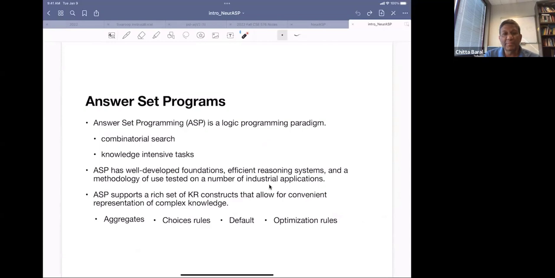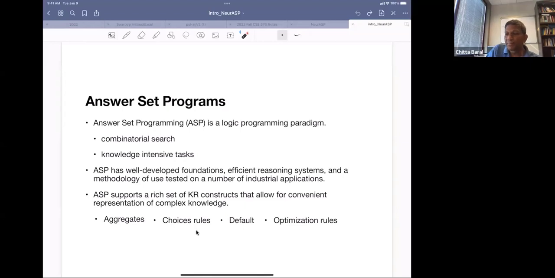It's a logic programming paradigm based on logic programming, or inspired by Prolog, you would say, where you have logical rules. But one of the key extensions of answer set programming, or departures with respect to the older style logic programming and Prolog, is that it allows these aggregates and choice rules where you can enumerate different choices.